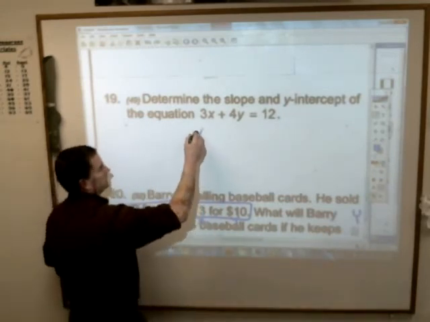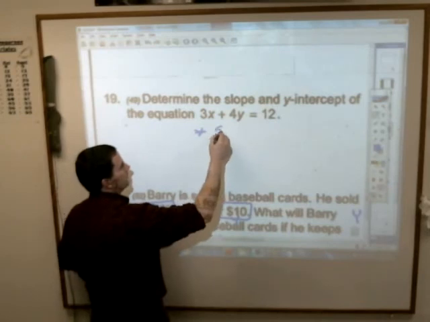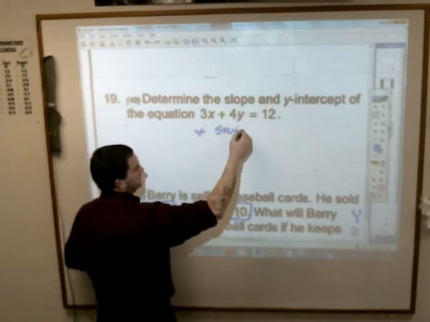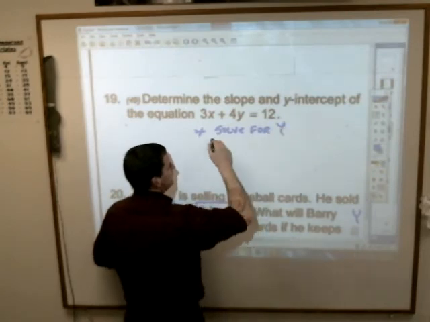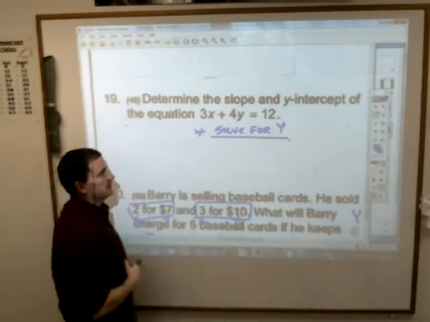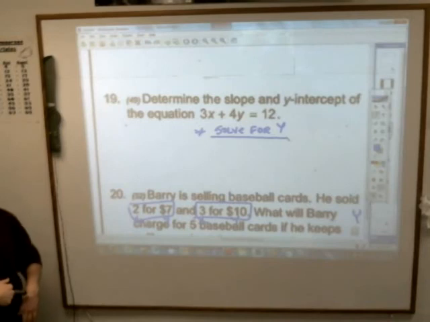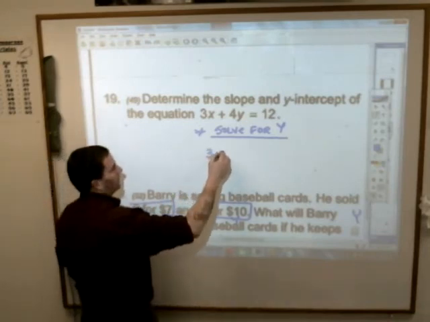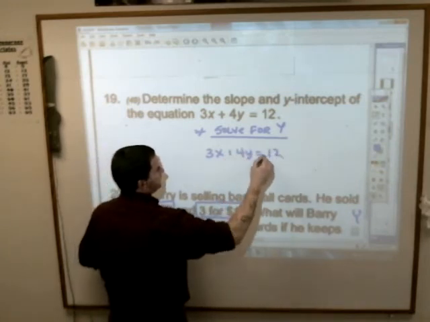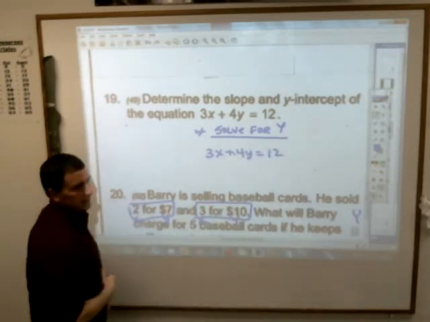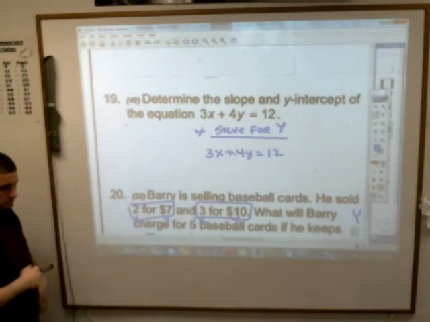Problem number 19, note to self, is you must solve it for y. There is no other way to do this than to solve it for y, because that puts it in slope-intercept form. So if you have 3x plus 4y equals 12, what's the first thing I need to solve that for y?